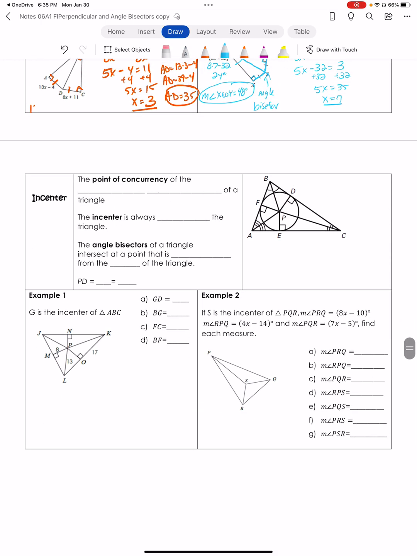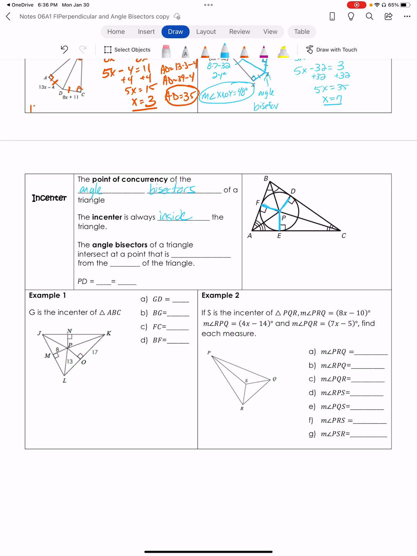Okay, last thing for today is the incenter. Incenter is the point of concurrency of the angle bisectors of a triangle. Incenter is always inside the triangle. Angle bisectors of a triangle intersect at a point that is, well, in this case, equidistant from the sides, which we know.